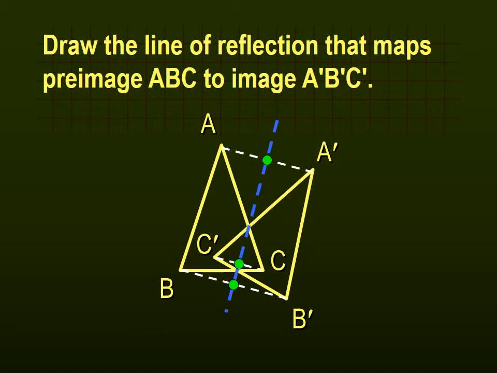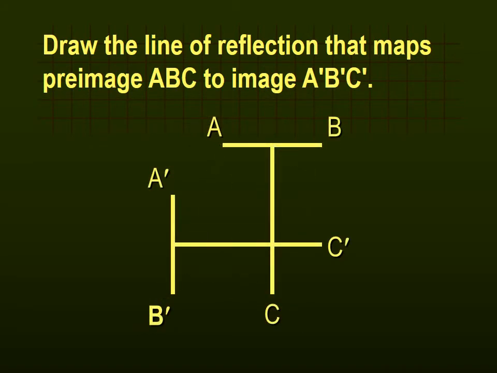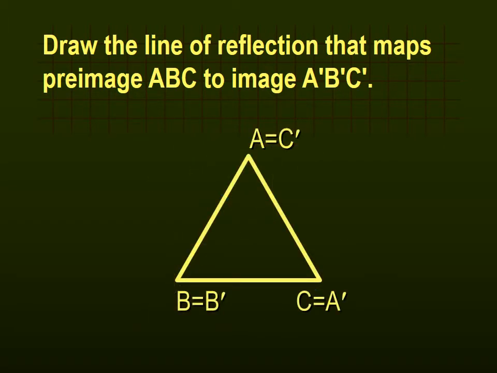We draw a straight line through that, and we get our line of reflection. Now from ABC to A prime, B prime, C prime, again we want the bisectors of A prime, B prime, and C prime. There's our line of reflection.